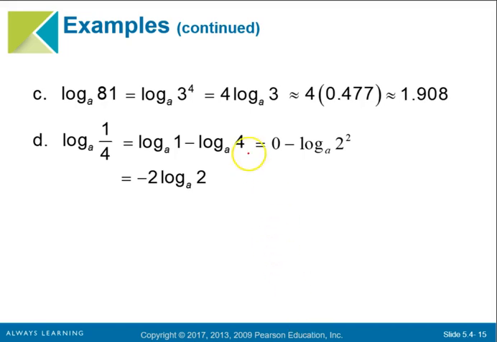This negative comes here. Negative 2 log base a of 2. And then that negative 2 times the 0.301 is going to give us a negative 0.602. All right.